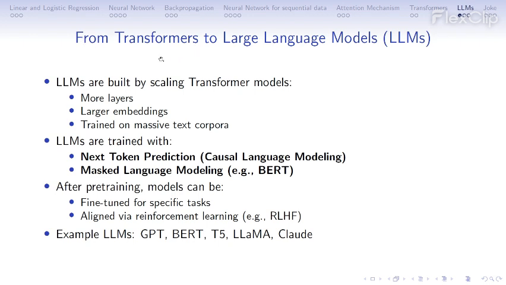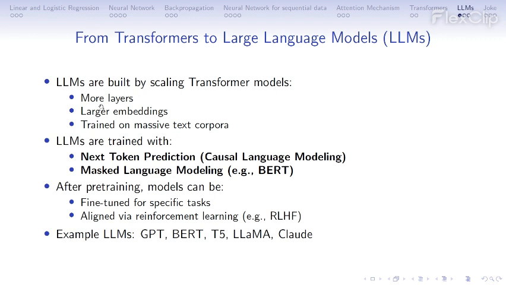From linear regression to the transformer, it took hundreds of years to evolve. But once the transformer happened, after 2017, it was drastic, and it was a boom from there. So basically LLMs or large language models are built by scaling transformer models, right?